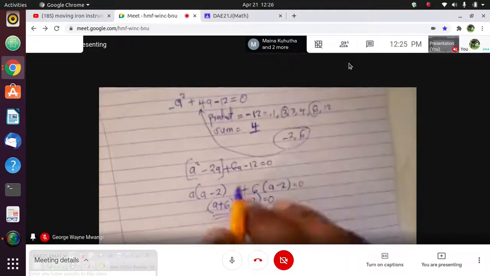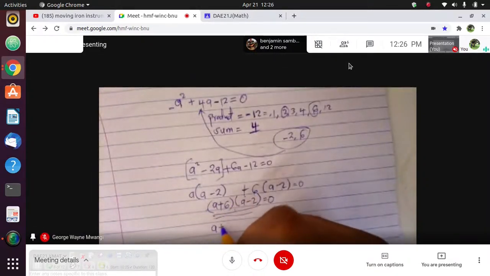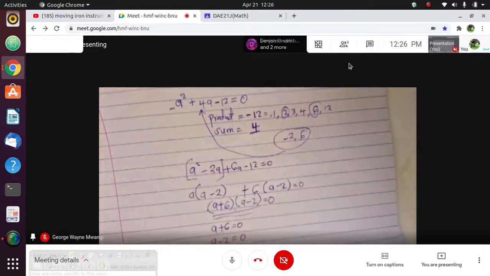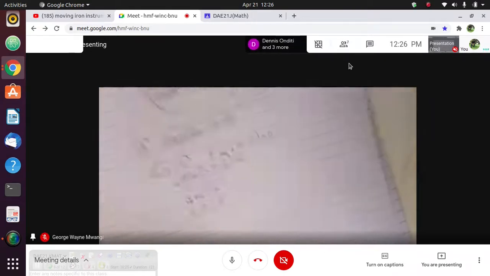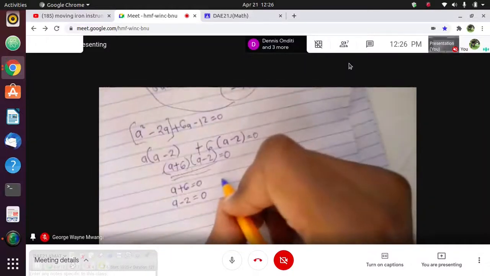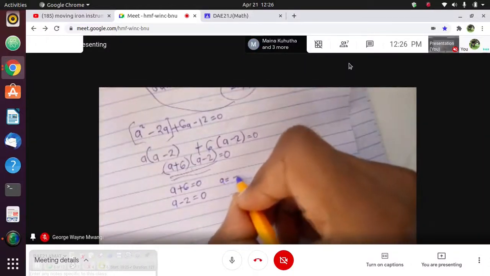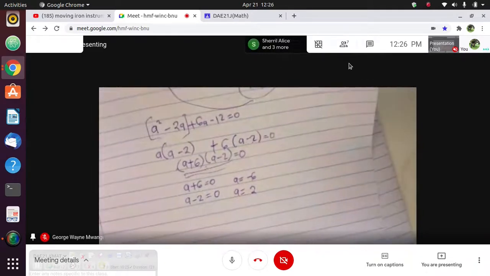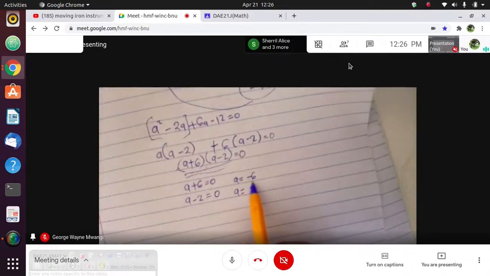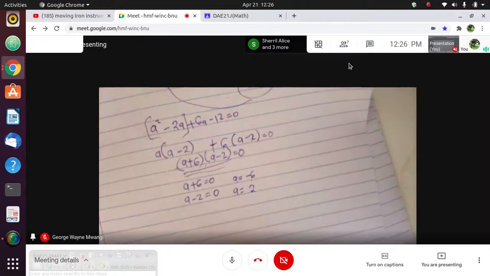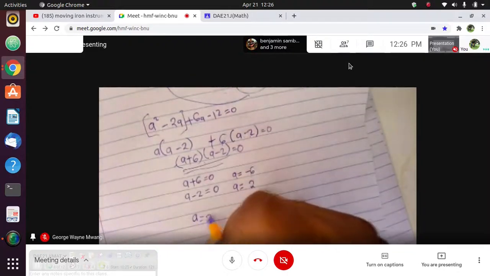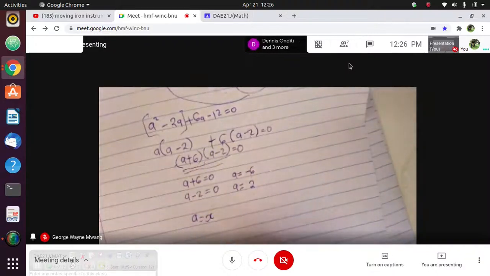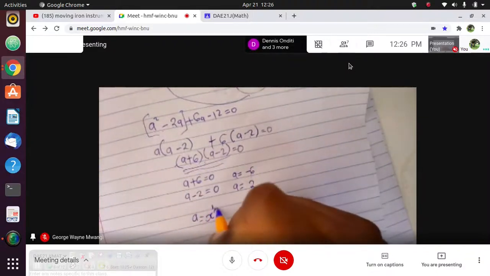Now, a plus 6 is equal to 0, and a minus 2 is equal to 0. Therefore, the answer, the values of a, are minus 6 or plus 2. But remember that a is x raised power half.